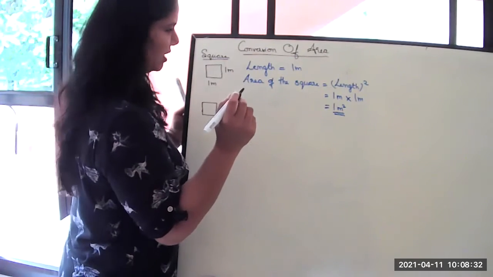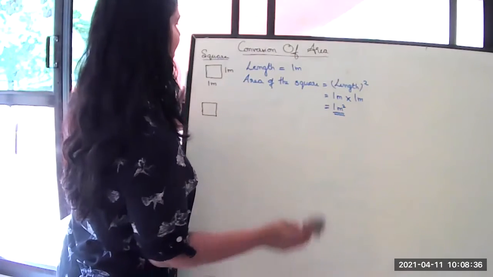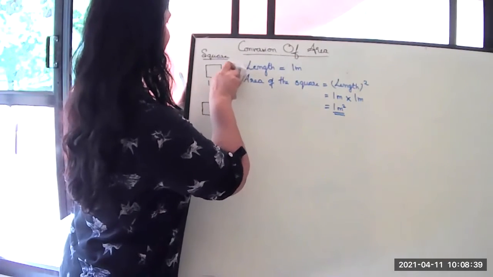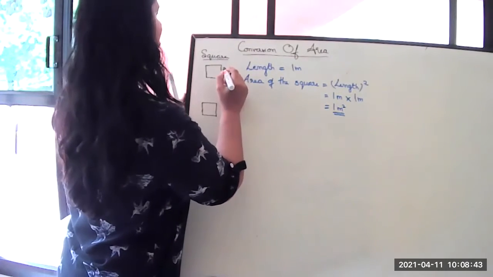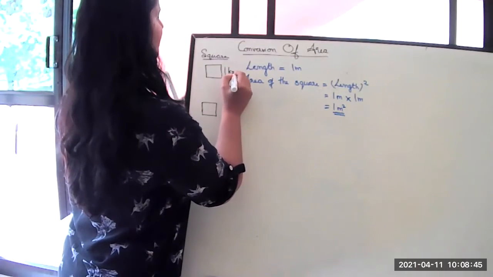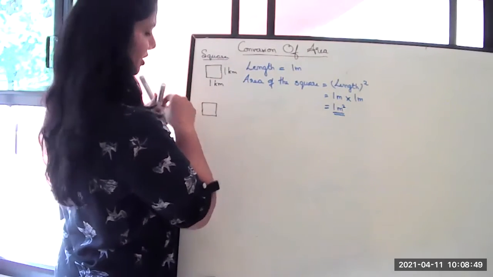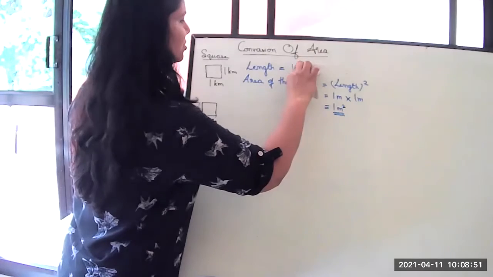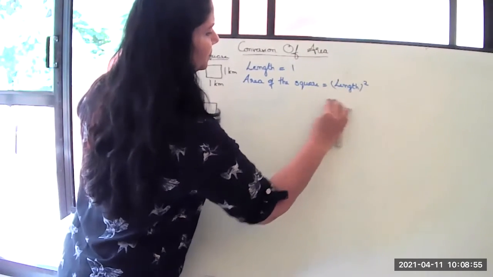Okay, sorry, I made a small mistake. I should have taken this as, instead of 1 meter, it should have been 1 kilometer. Okay, 1 kilometer, not 1 meter. So here also it should be 1 kilometer.